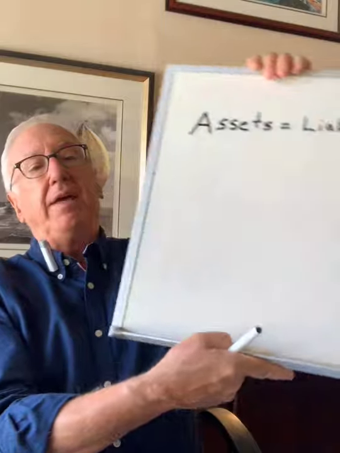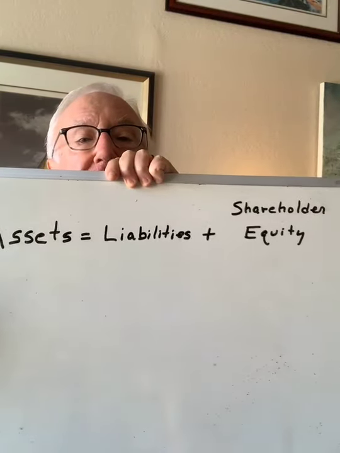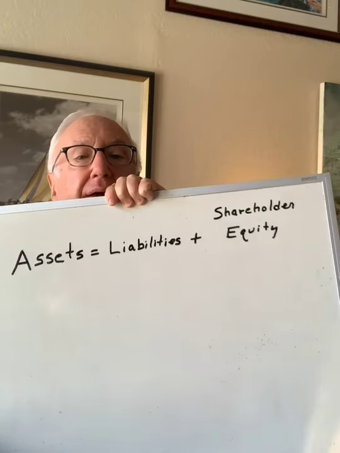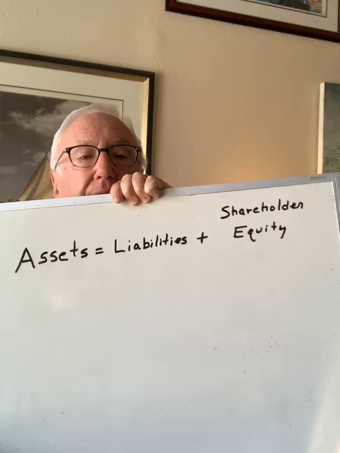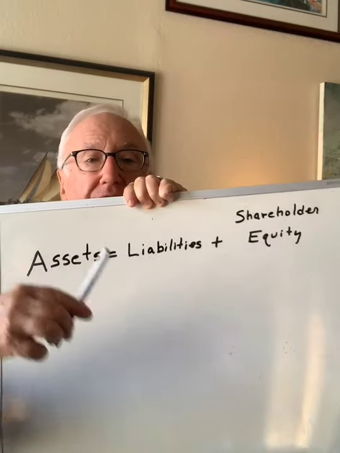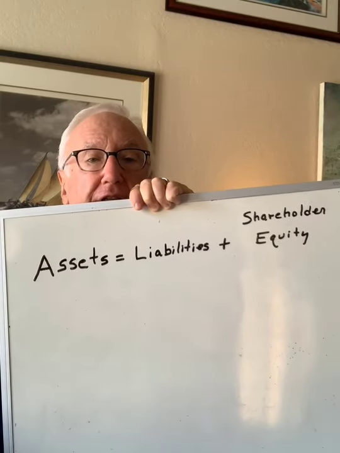Well, the magic number is shareholder equity. Right here, shareholder equity. That's the plug number, because shareholder equity will rise and fall as the balance between assets and liabilities changes.